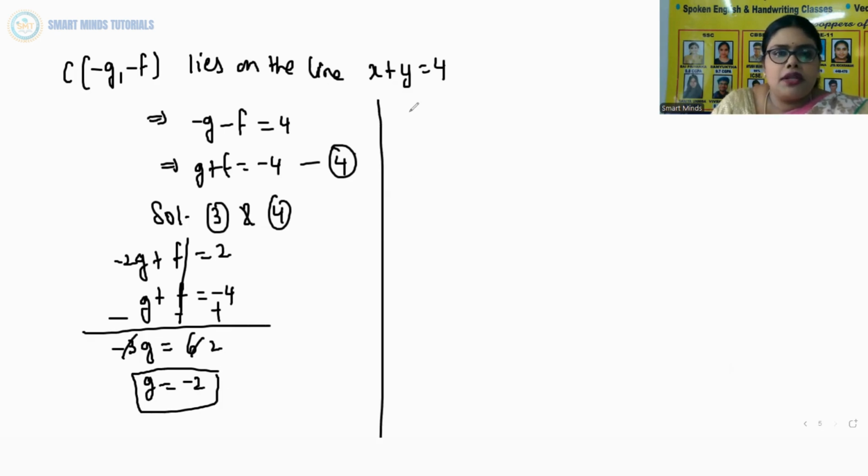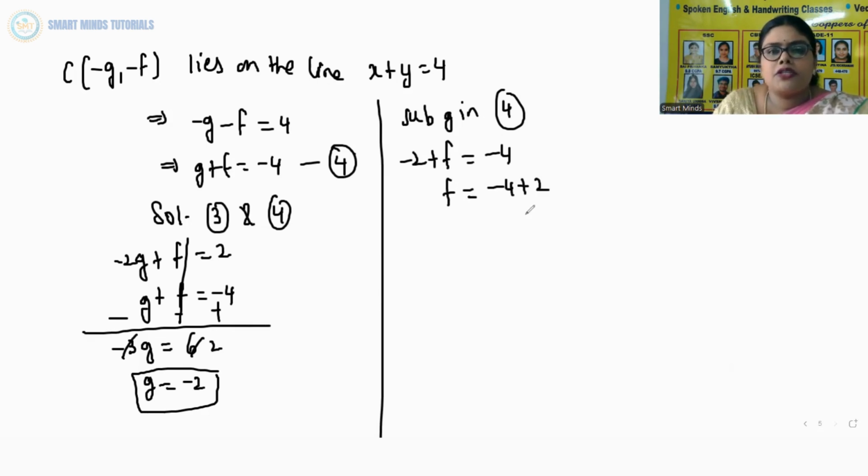Now substituting g in any one of the equation, either 3 or 4. Let's substitute in fourth equation. So g is minus 2, plus f is minus 4. So f is minus 4 plus 2. f is minus 2. So you got g value, f value and also c value. Now substituting g, f, c in equation number 1.